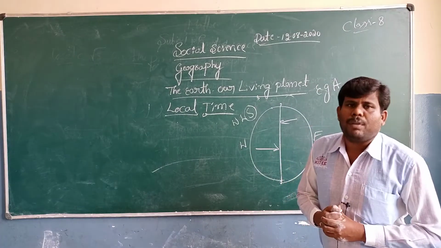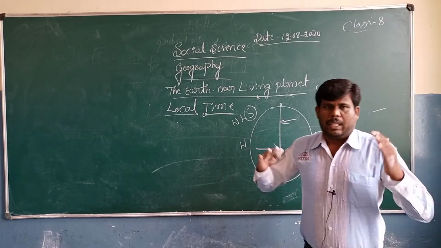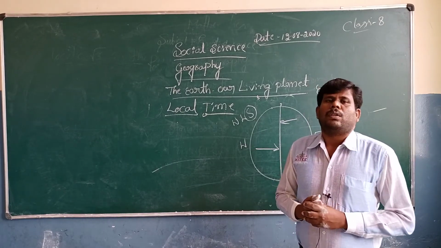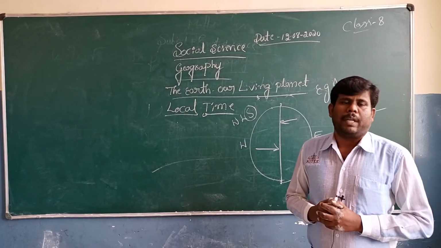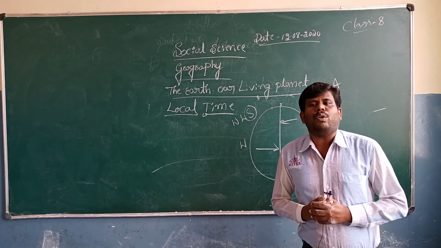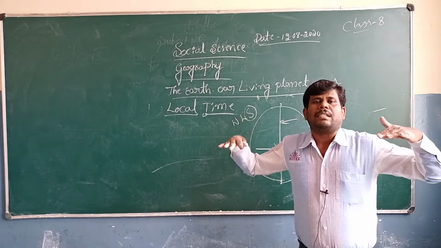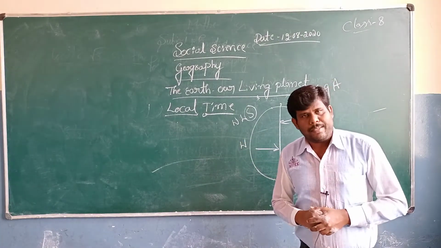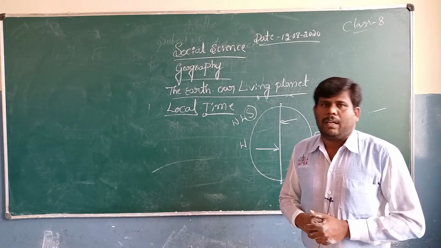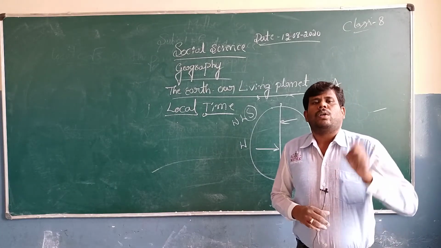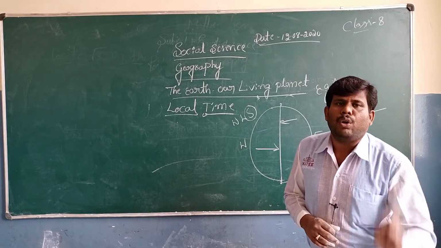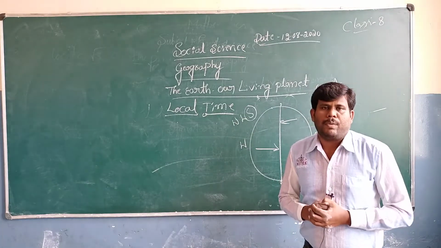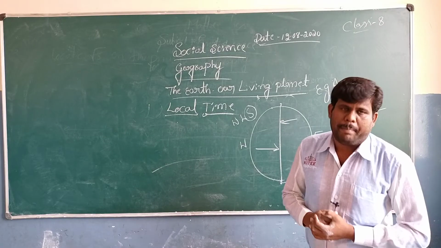To avoid the confusion of local time, the countries of the world follow a uniform time. That uniform time is based on the central meridian of the country or a major city or capital. The uniform time followed throughout a country is known as standard time.